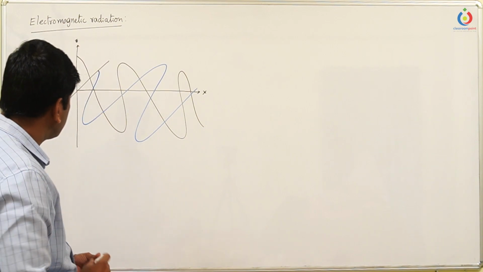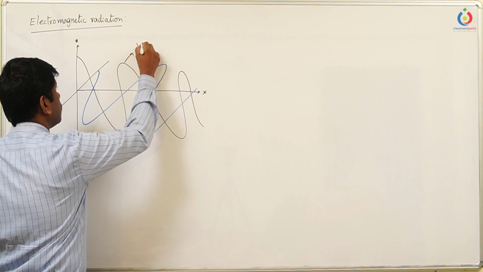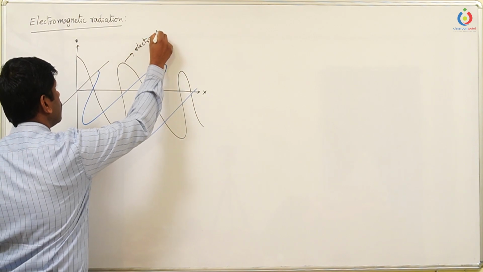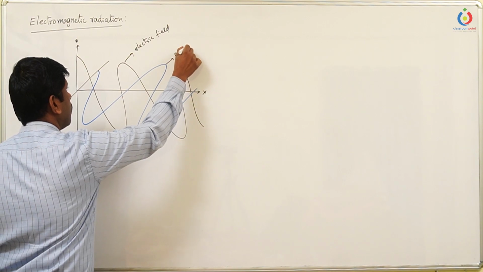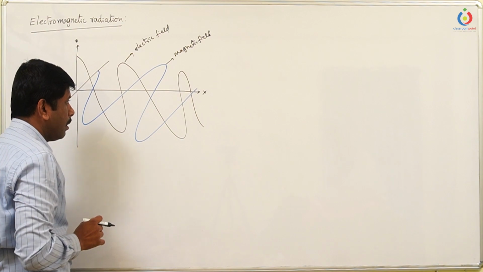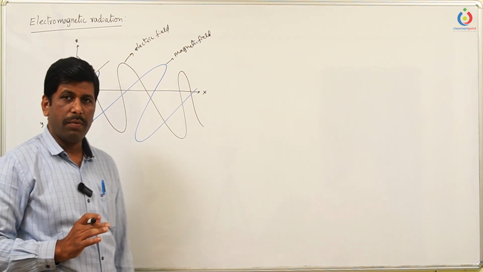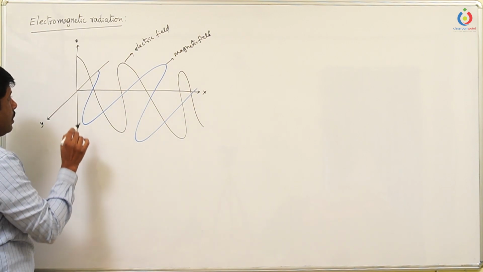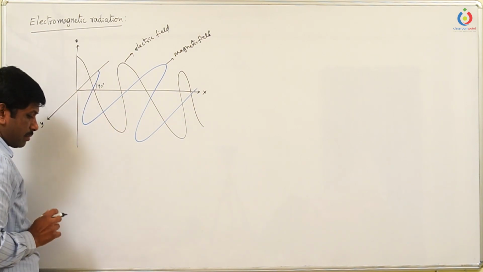So here, this is an electric field, let us imagine, and this is the magnetic field. Then what could be the angle between the electric field and magnetic field? Means they are perpendicular to each other, so the angle is always equal to 90 degrees.